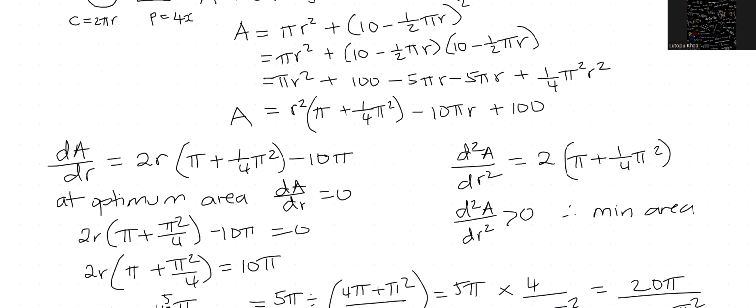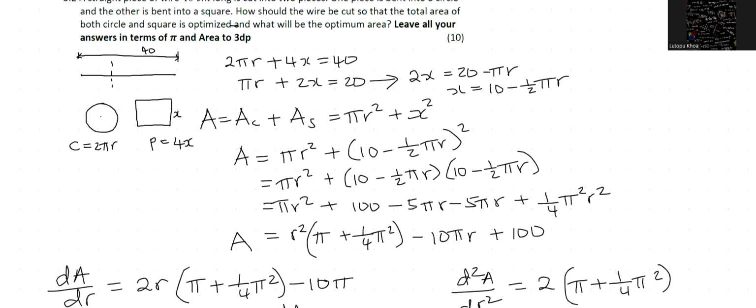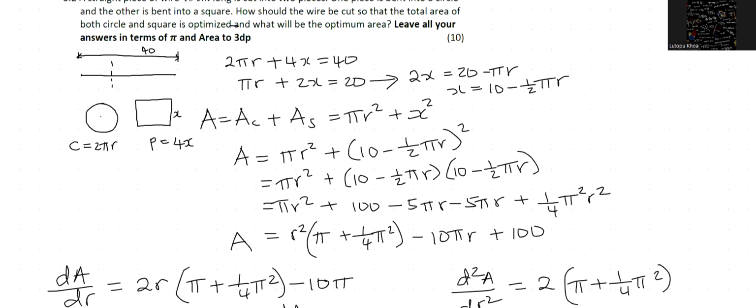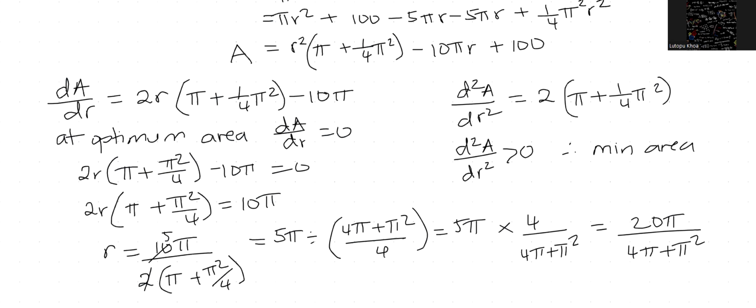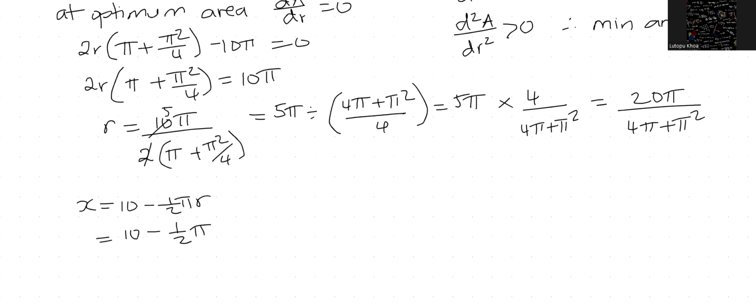Okay, so now we find the side x. So x is equal to 10 minus half pi r. So this is 10 minus a half pi, and then our formula for the radius, 20 pi over 4 pi plus pi squared.